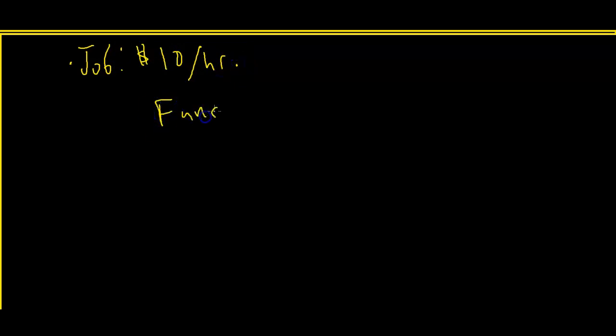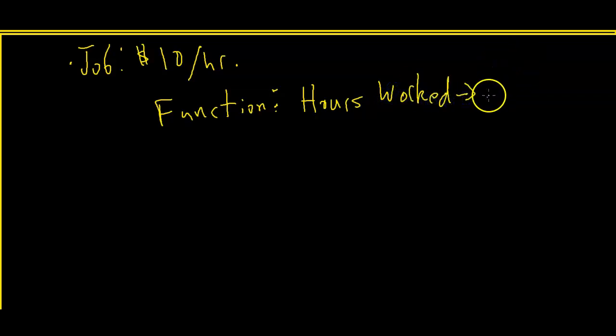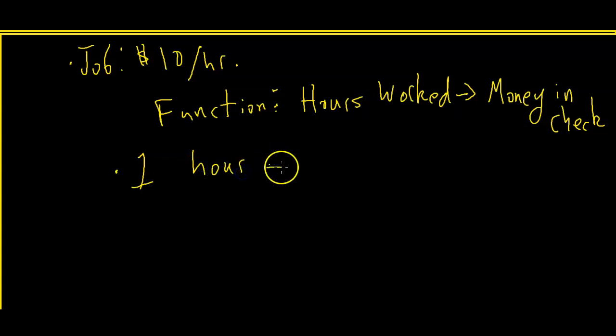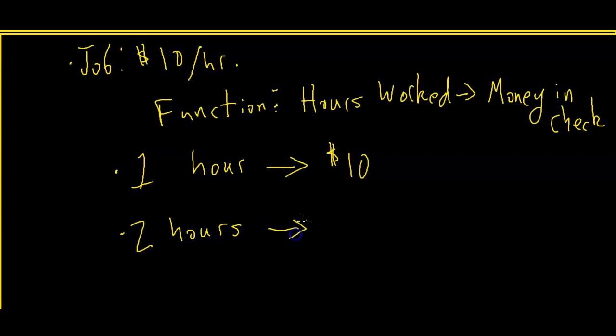We're going to call our function the rule that takes the hours worked as its input and returns the money in your check as an output. So for example, if you work 1 hour, you get how much in your check? You get $10, right? If you work 2 hours, you get how much in your check?